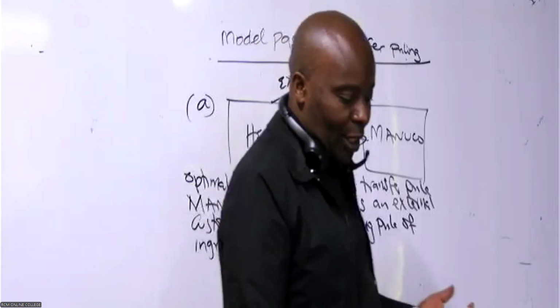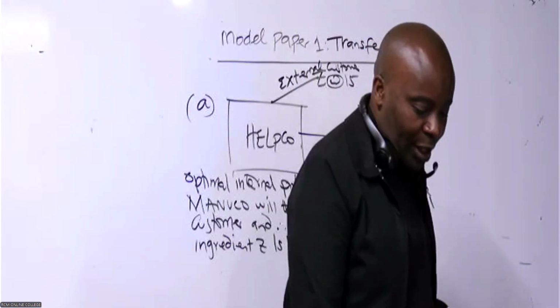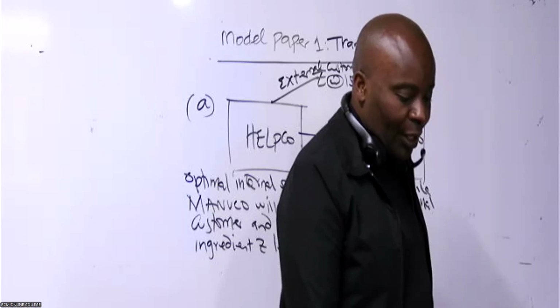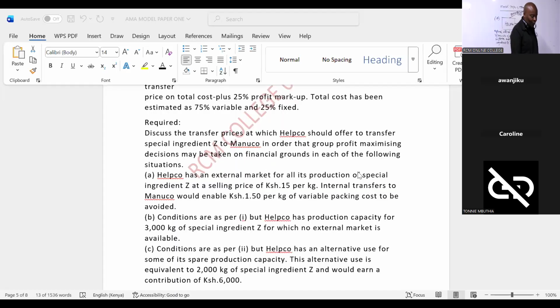They shall be able to save packaging cost. We are told it is 1.5: internal transfers to Manuko would enable Kenya shillings 1.5 per kilogram of variable packaging cost to be avoided. So that has to be passed through to our sister department.